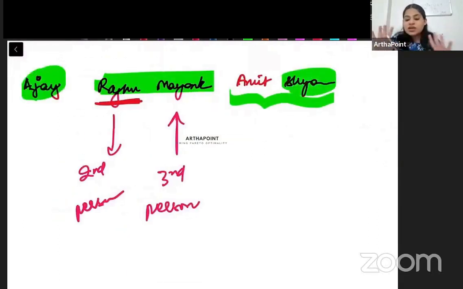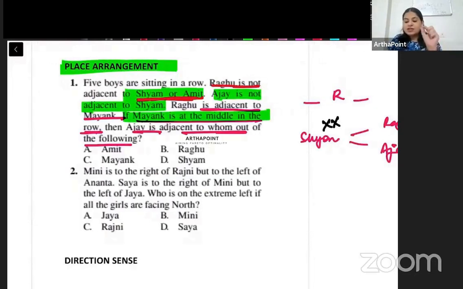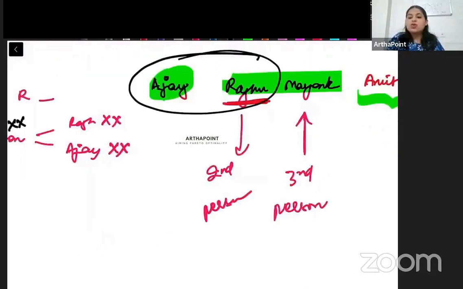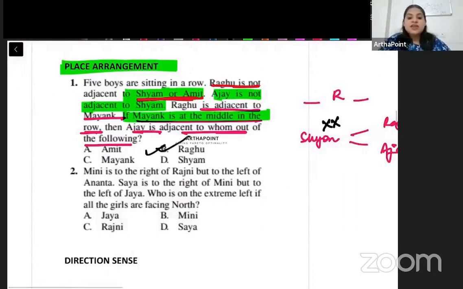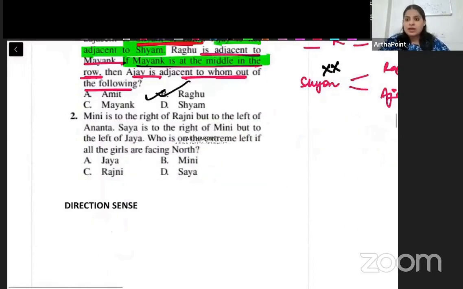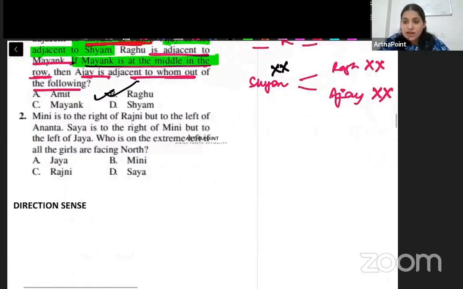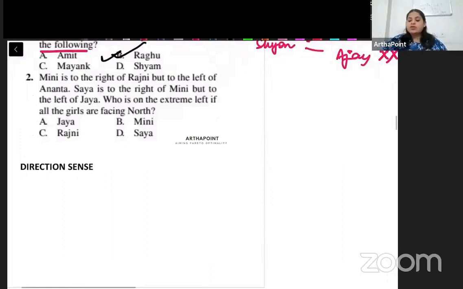So everything is satisfied. Now he is asking that if Mayank is in the middle, Ajay is adjacent to which of the following? So beta, Ajay is adjacent to Raghu. So the answer to this question will be B. This kind of question will come in tomorrow's exam. You have to be clear with it. Okay, come to the next one, beta.